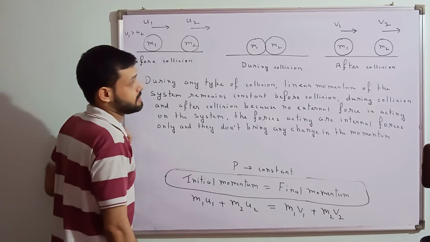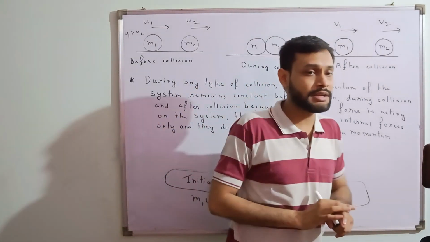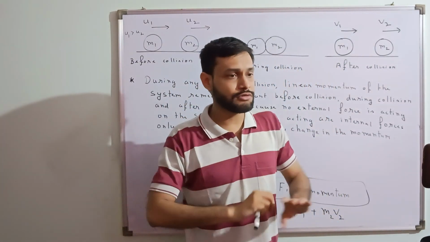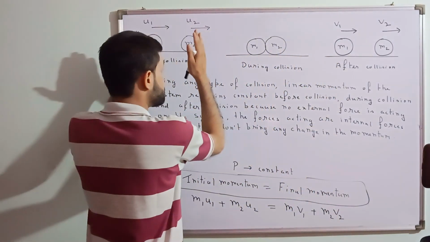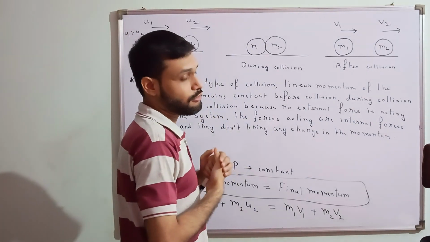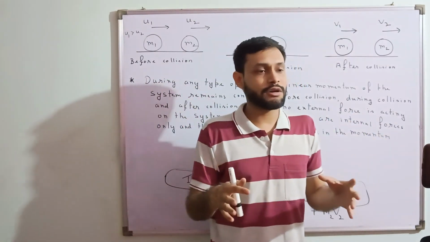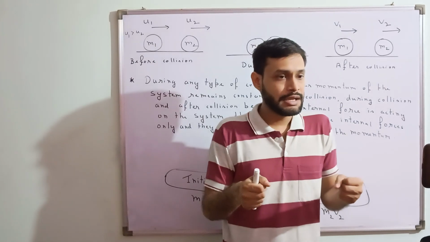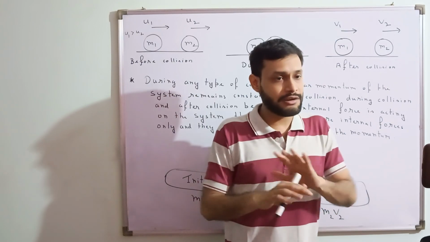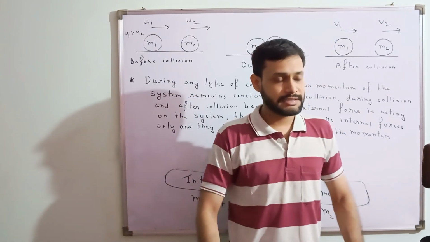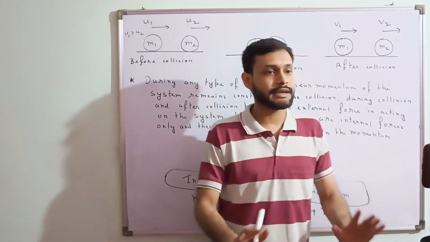The whole system. Yes. It is not the momentum of one single particle. Momentum of one single particle will not remain conserved. For example, the momentum of m1 is not going to remain conserved, or the momentum of m2. It is the momentum of the entire system which is going to remain conserved, if there is no external force acting on it.